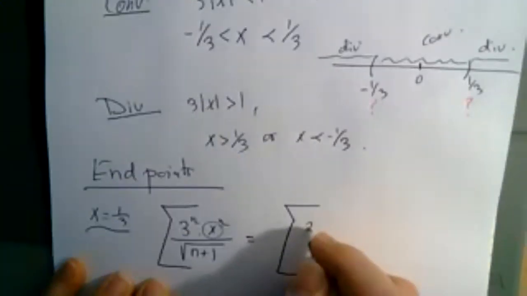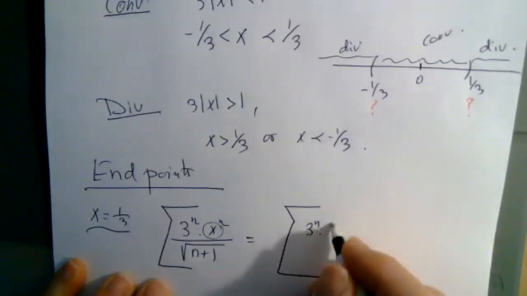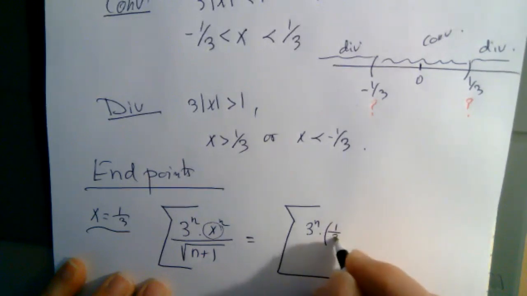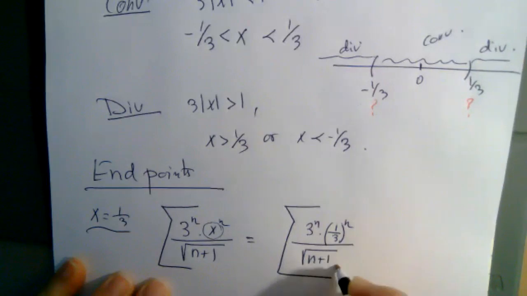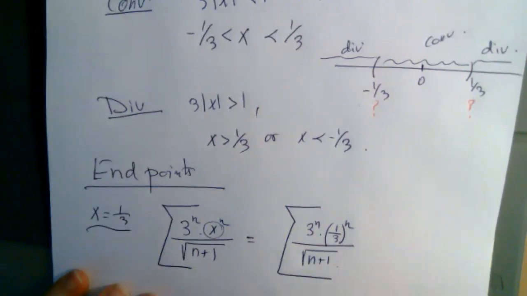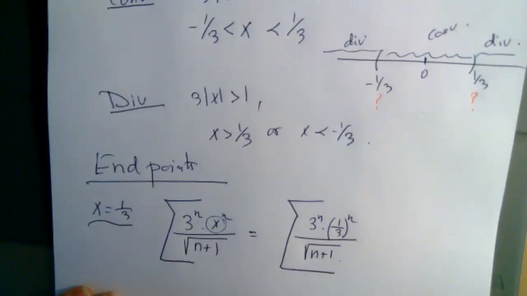That's really the trick. So that's 3 to the n, and instead of x it's 1/3, to the n, over the square root of n plus 1. Now, of course, this looks like a complicated expression. That's why we need to simplify this a little bit. Can we simplify it? What do you think?